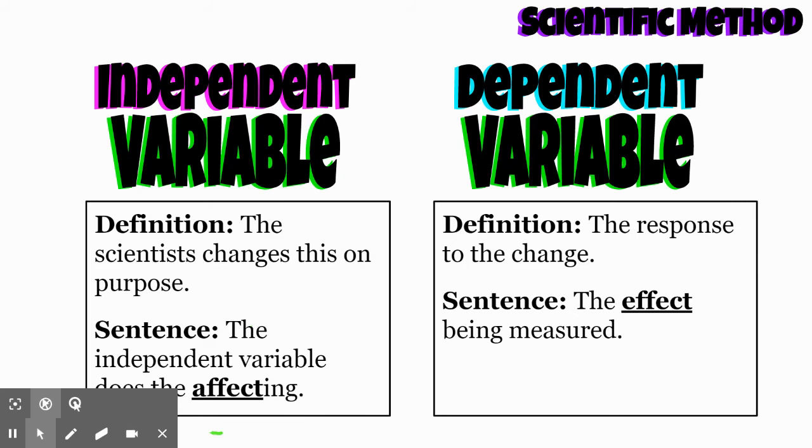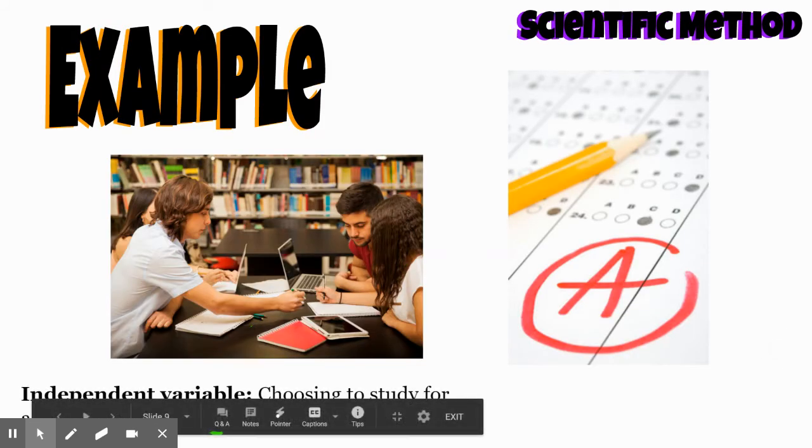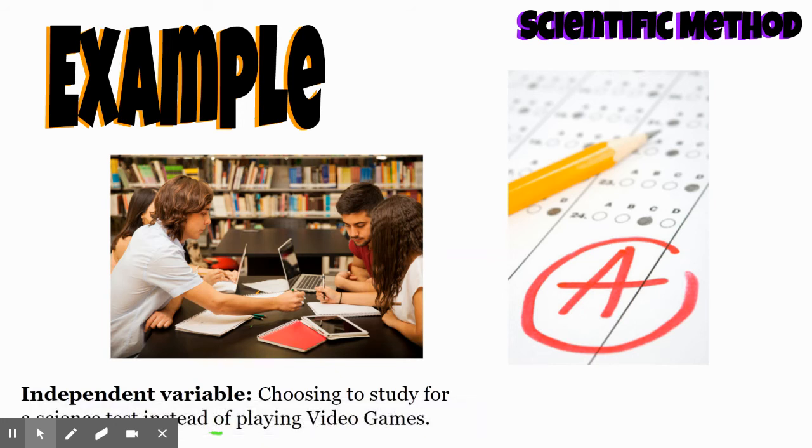So an example: choosing to study for a science test instead of playing video games. The independent variable is how you spend your time. So studying for the science test is the independent variable. That is the thing we are changing. What do we measure then on a science test?